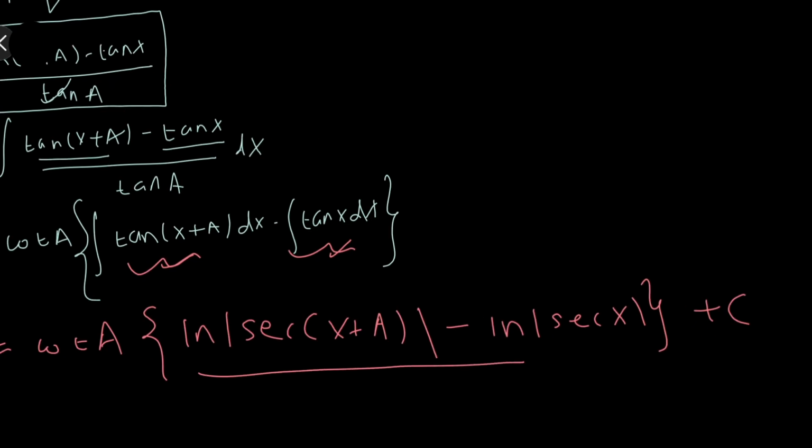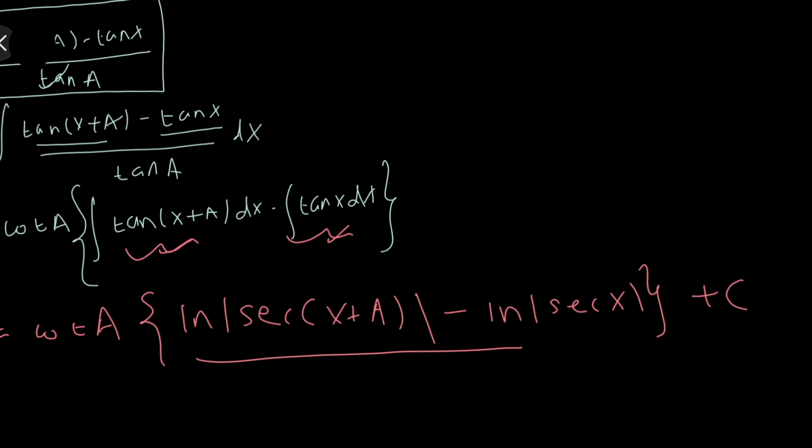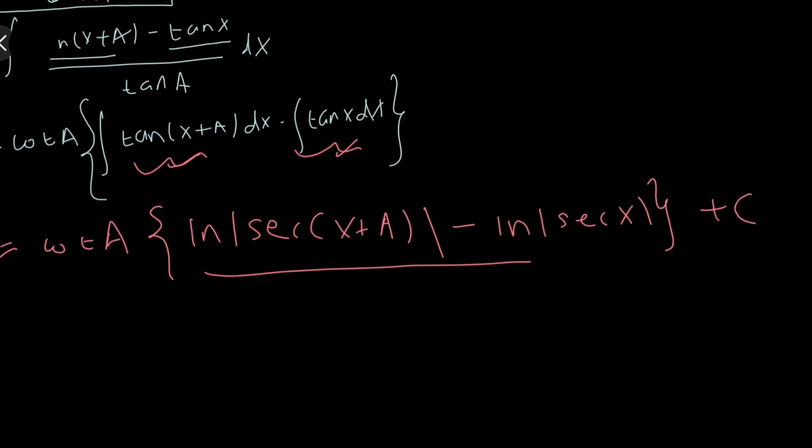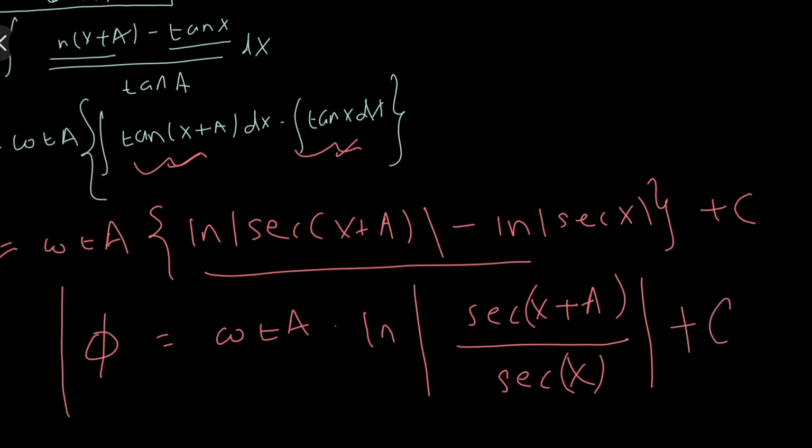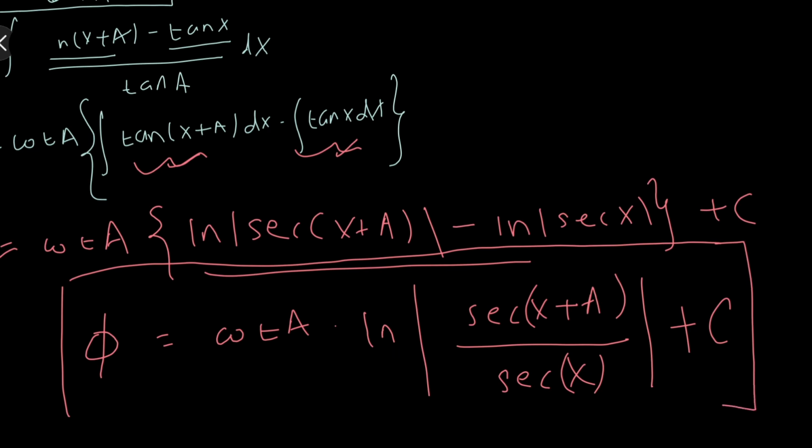Now this can be simplified using the identity natural log of a minus natural log of b equals natural log of a upon b. So finally the value of phi that we have taken as the integration would be equal to cot of a multiplied with natural log of sec of x plus a divided by sec of x, and at the end plus the constant c, and this is the answer to the second integral.